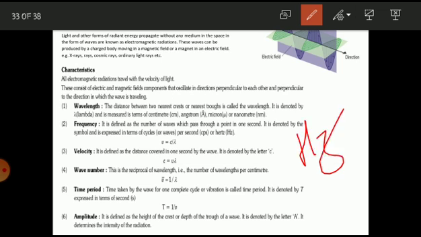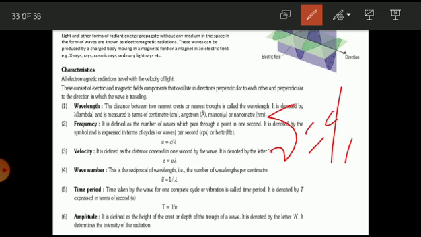So the frequency is inversely proportional to the wavelength. Frequency is inversely proportional to the wavelength. So this formula you also have to remember.